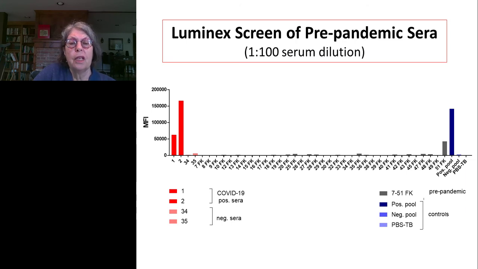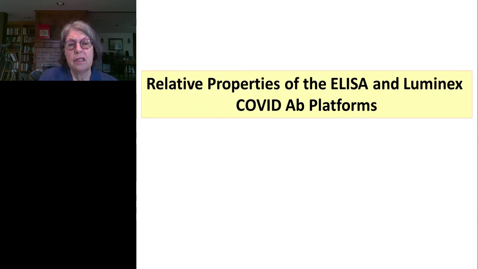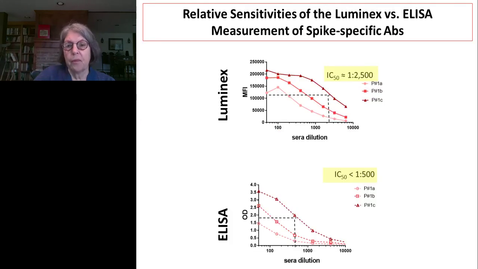So now what I'd like to highlight is the relative properties of the ELISA assay versus the Luminex platform. So in this slide, we titrated the same serum, and this is from that first patient where we had the longitudinal specimens at day 8, 11, and 15.